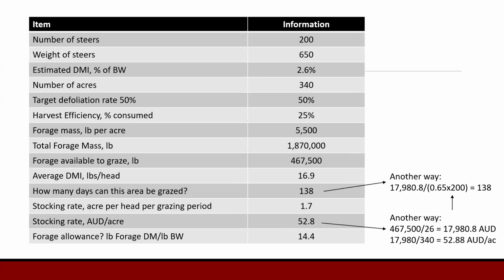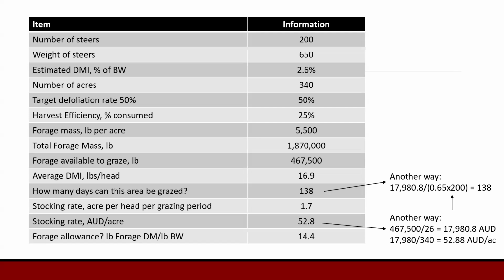You can make these calculations a different way. There we really didn't use animal unit days except for that second way we calculated stocking rate, animal unit days per acre. Now if we know total forage mass that's grazable, 467,500, we can divide that by 26, because one animal unit day is going to consume 26 pounds of forage.